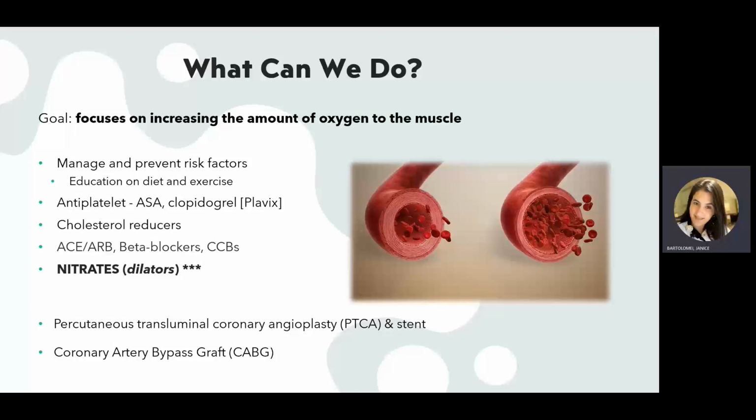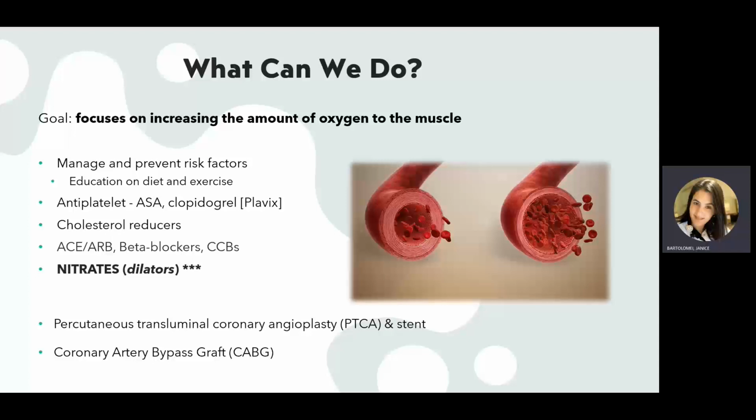Now, in some instances, a nitrate might not be sufficient, and the patient might require a percutaneous transluminal coronary angioplasty, a heart cath with a stent, where they go in and get to where the plaque is, and they put a stent after they smash that plaque and open up the vessel.